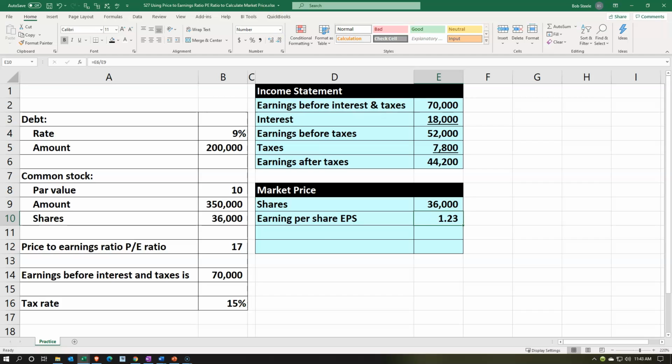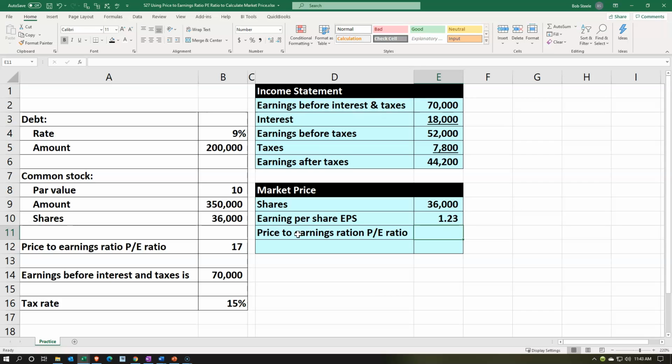Then we have the multiplier, which is going to be the PE ratio. So we got the price to earnings ratio, or the PE ratio. And this is basically going to represent what the market price is, because remember, the market price is based on things outside of the company.